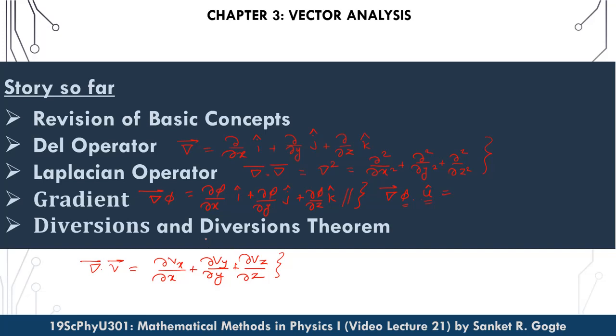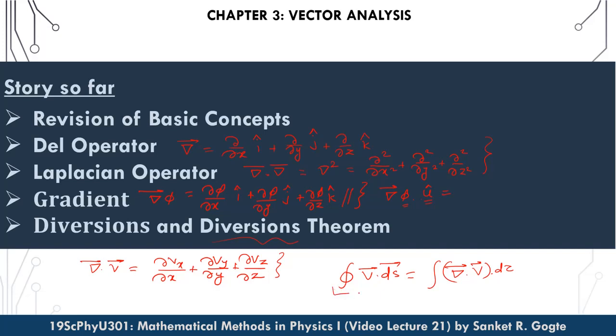We also saw the divergence theorem, by using which we can convert a surface integral to a volume integral or vice versa. So if we are calculating this flux of the vector field V over some closed surface, then that is equal to this volume integration of del dot V integrated over the volume.